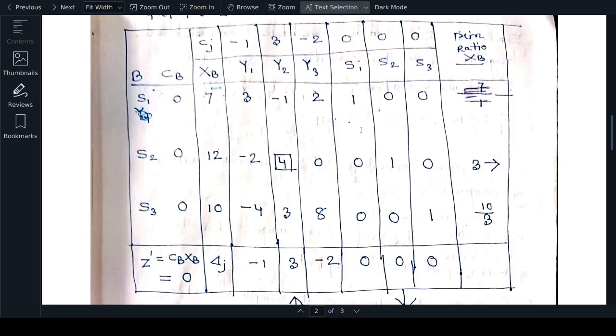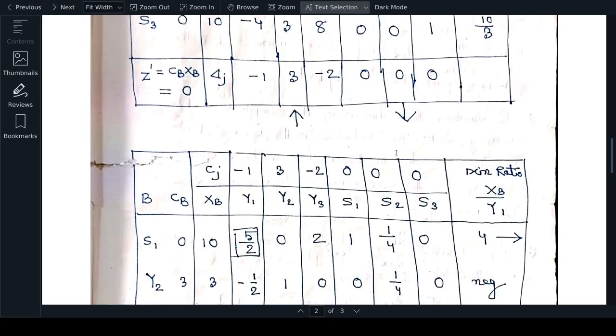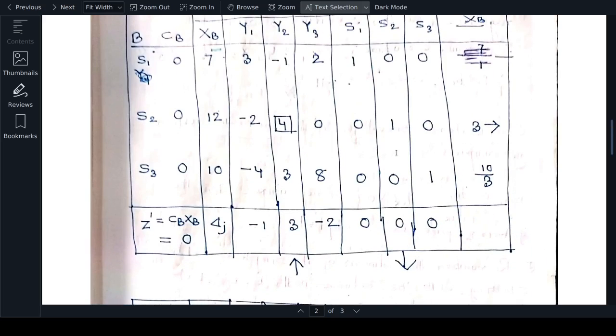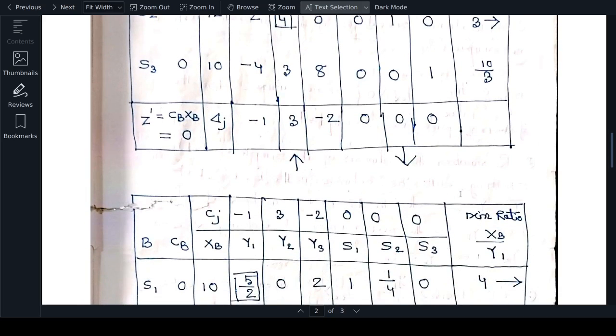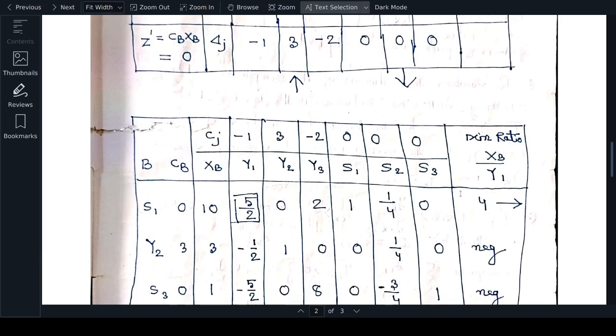Then in the S2 column first row, you see 0 can be calculated as 0 minus 1 into 1 divided by 4, so ultimately plus 1 by 4. Then in the S3 column first row, it will be 0 minus 1 into 0 divided by 4, so ultimately 0.